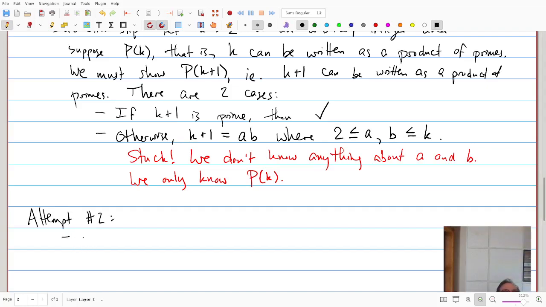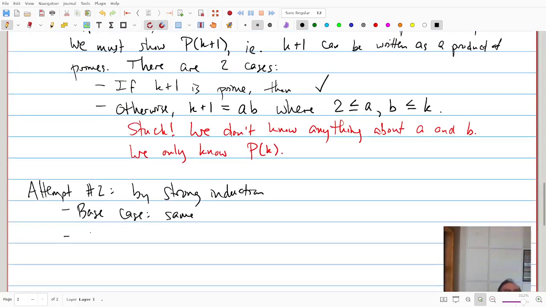This is using strong induction. The base case is the same. And the induction step: we're going to let k be greater than or equal to 2, as before. And suppose, here's where it's different, I'm not just going to suppose that Pk is true.